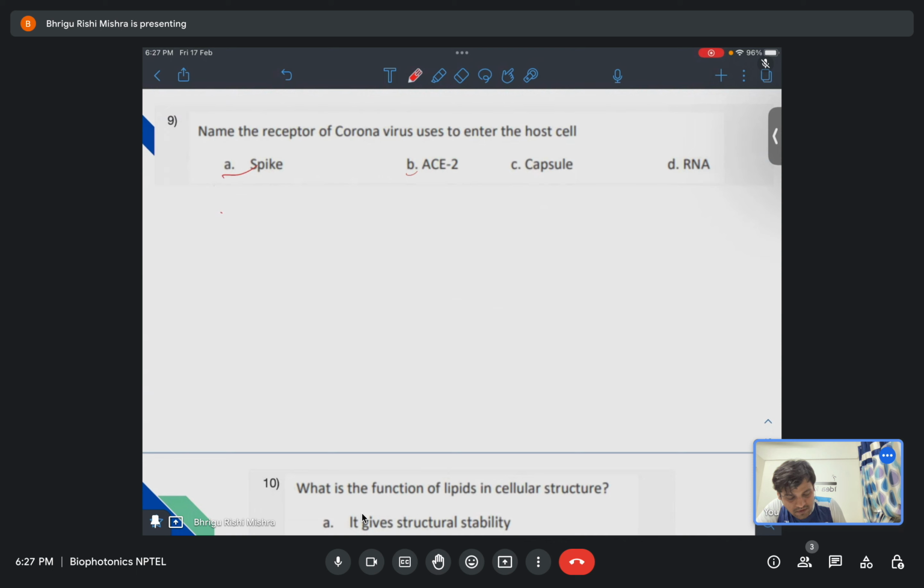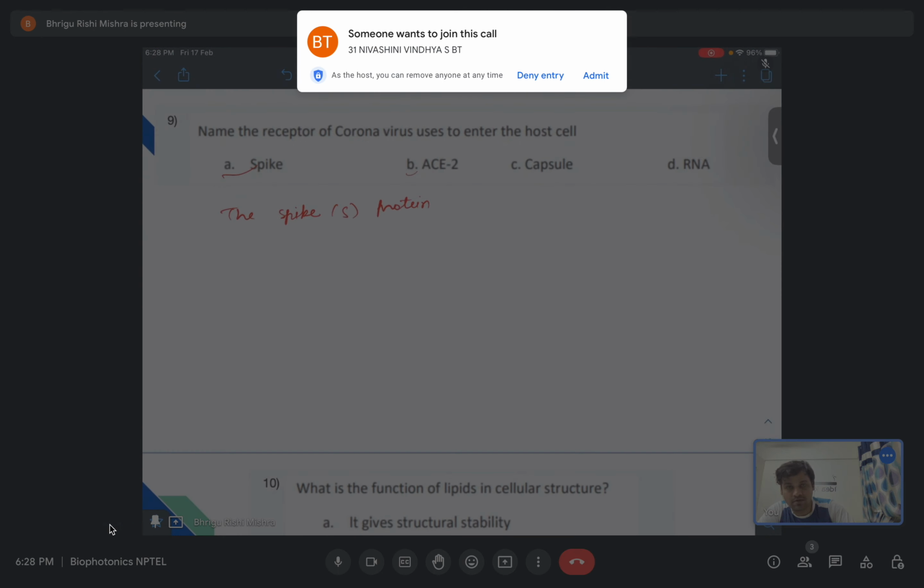The spike S is basically a protein covered by lipids, in this coronavirus.